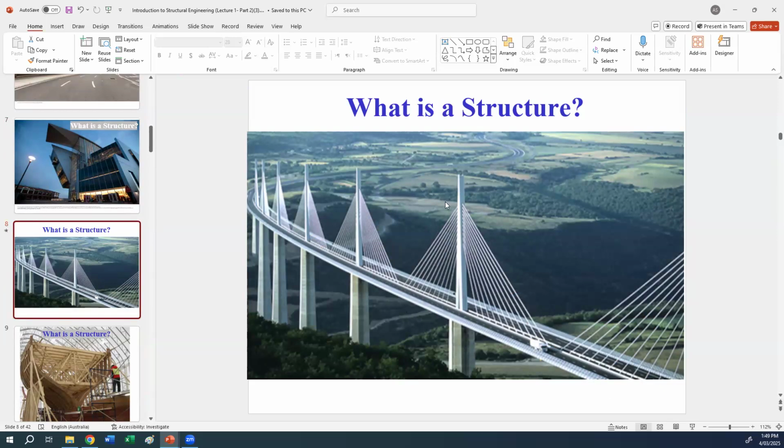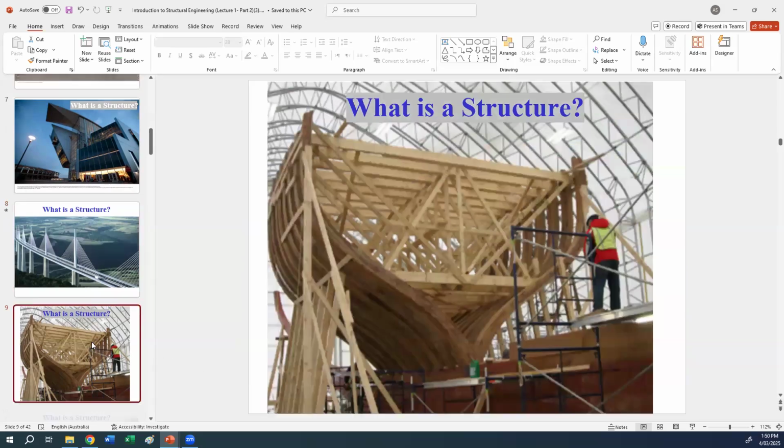So the deck is supported by the cables, and the cables are supported by the pylon or the middle column here. This type of bridge provides larger spans and uses less material, so it is good to use advanced techniques in design and construction.